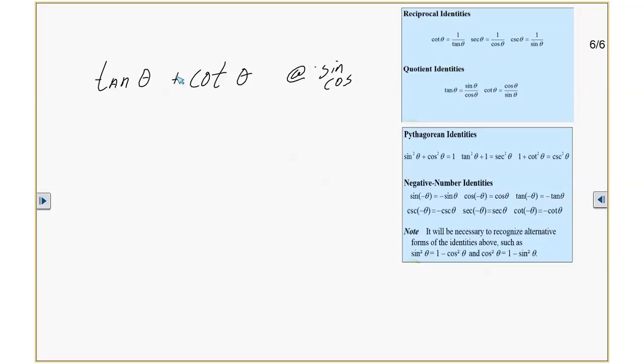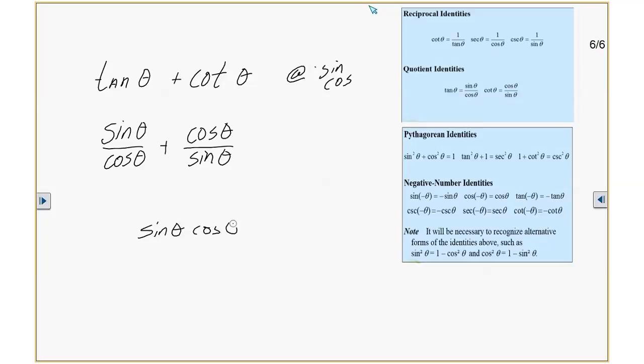So we could rewrite the tan as what? Sine over cosine. And we can write cotangent as cosine over sine. And you're done, right? No. Find a common what? Denominator. Which would be cosine sine or sine cosine. Cosine will go in there, sine times sine is what?